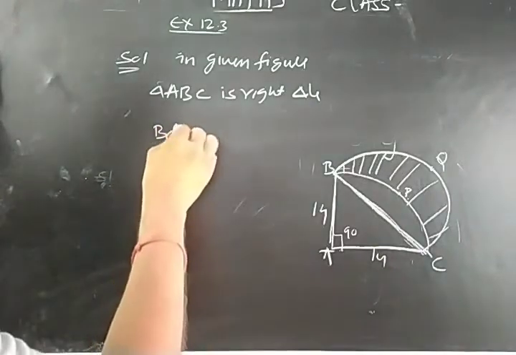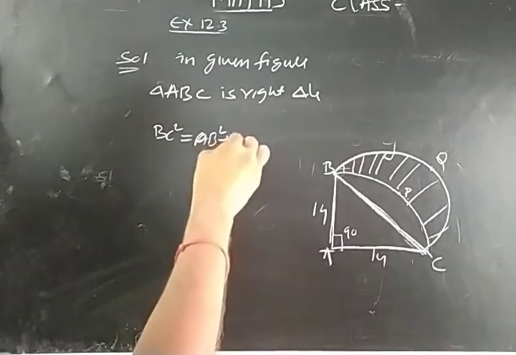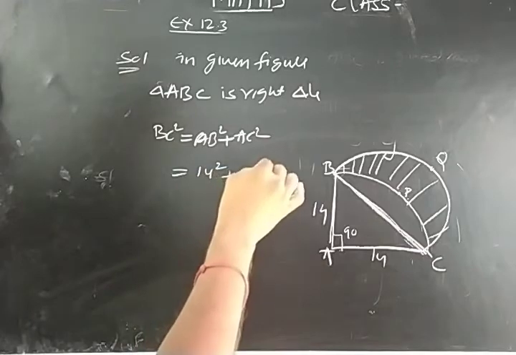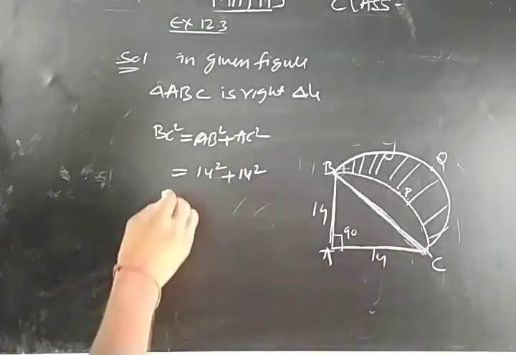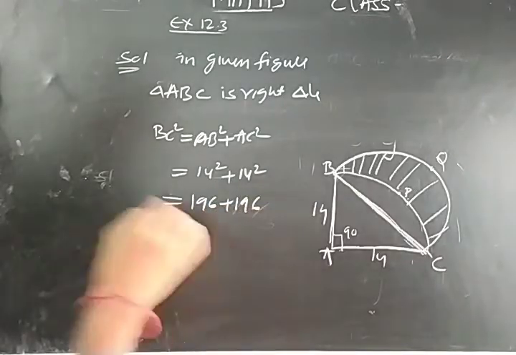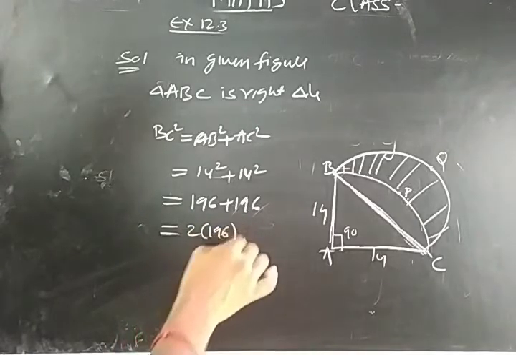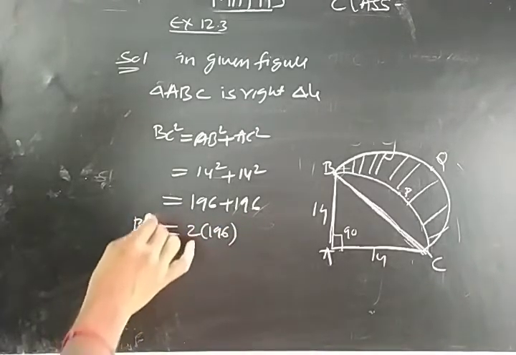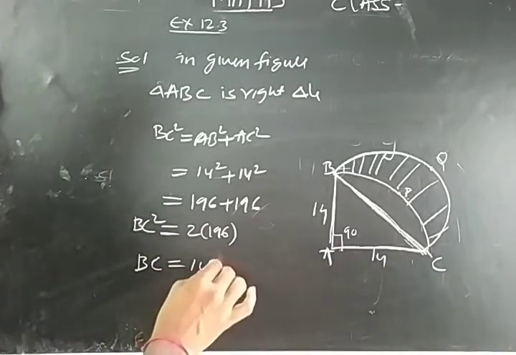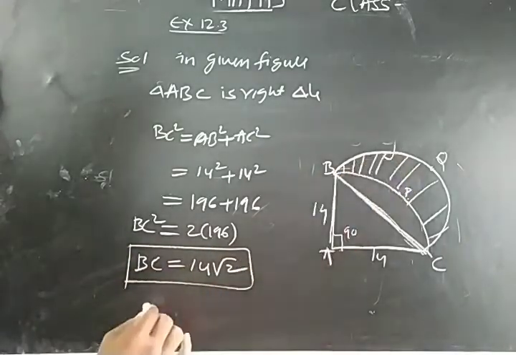Now from that, BC squared is equal to AB squared plus AC squared. So 14 squared plus 14 squared. 14 squared is 196. 196 plus 196, 2 into 196. This is BC squared. BC is equal to 14 root 2. This is BC, which is the diameter of the semicircle.